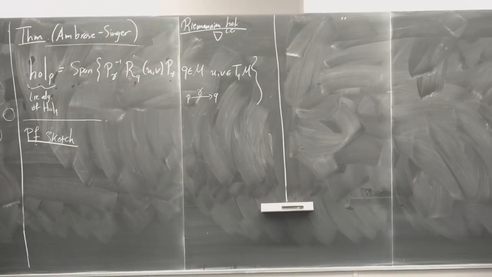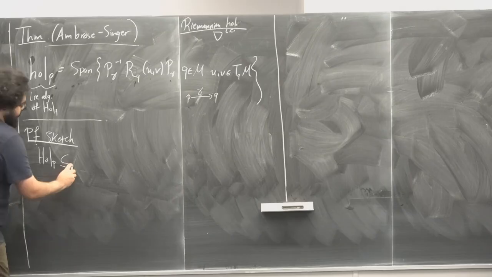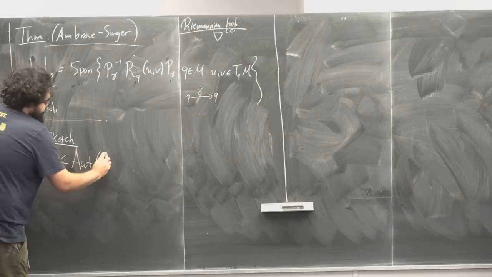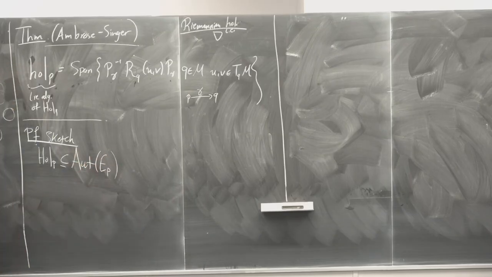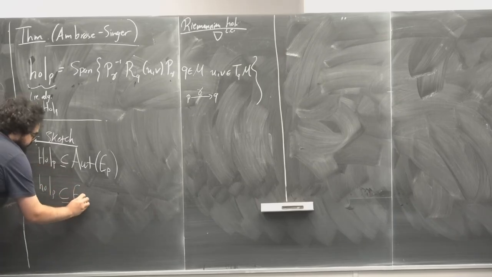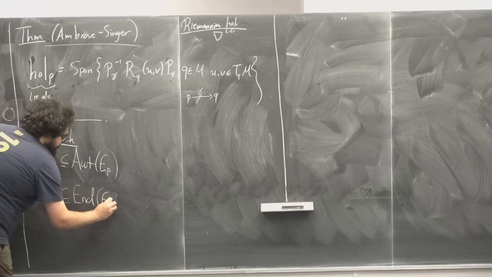So a proof sketch, I guess. Essentially, we have that Hol_P is a subgroup of the automorphisms of E_P. And so whatever this Lie algebra is, and we said that this is a Lie subgroup, this Lie algebra will actually be a subalgebra of the Lie algebra of automorphisms, which is just End of E_P.